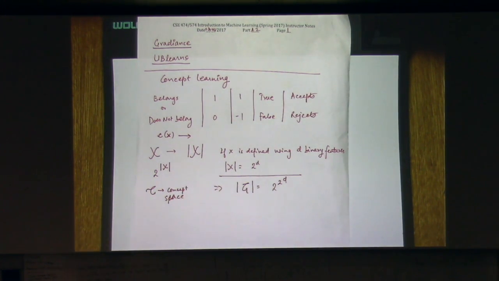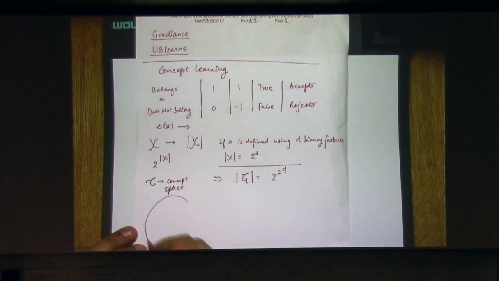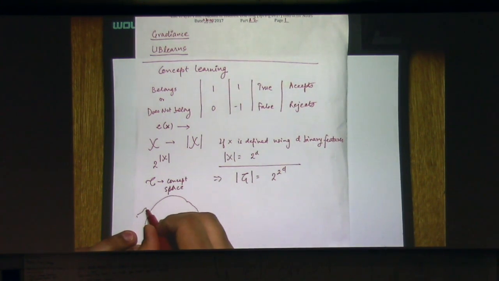So this is the space that contains the concept that we want to learn. We denote it by a large circle. So this is our C, right?